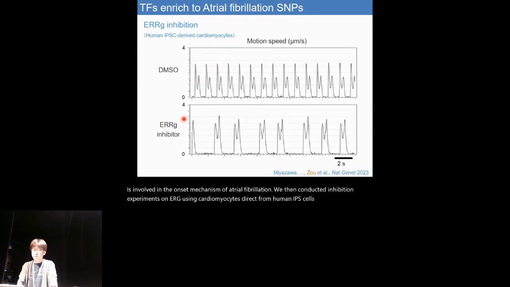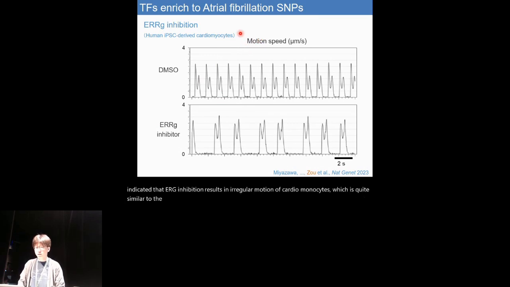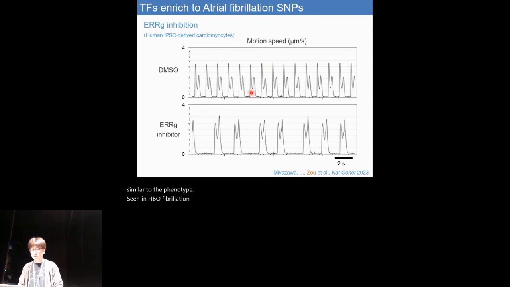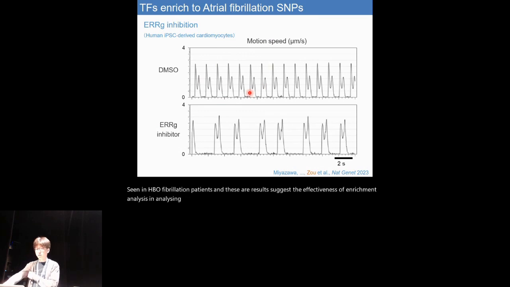And the results indicated that ERG inhibition results in irregular motion of cardiomyocytes, which is quite similar to the phenotype seen in atrial fibrillation patients. And these results suggest the effectiveness of enrichment analysis in analyzing a potential key factor involved in the onset mechanism of genetic diseases.